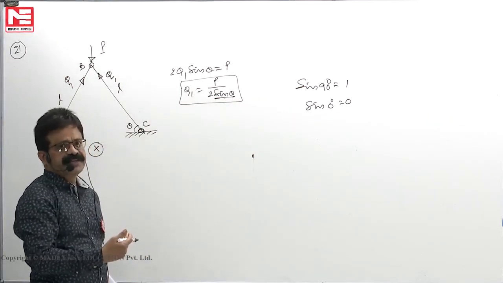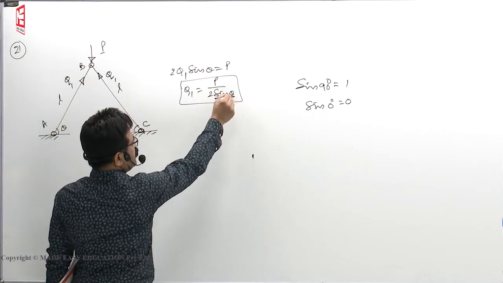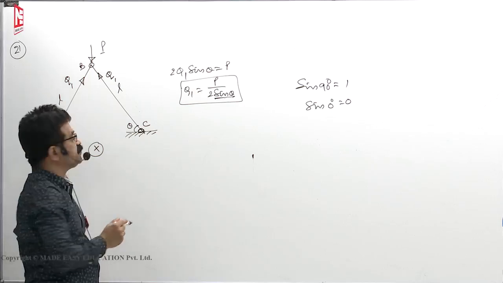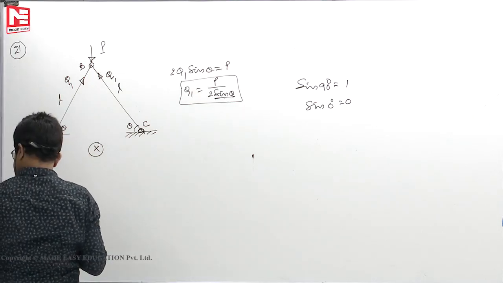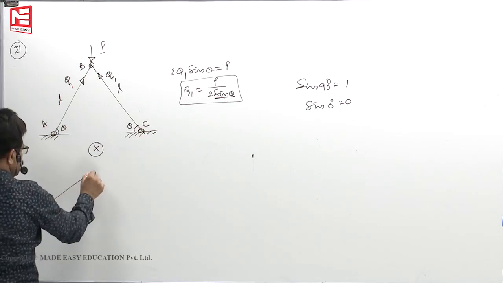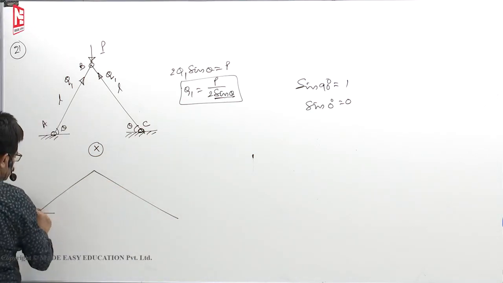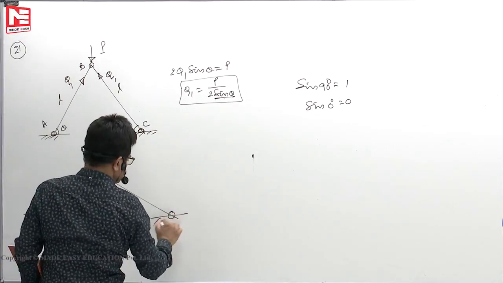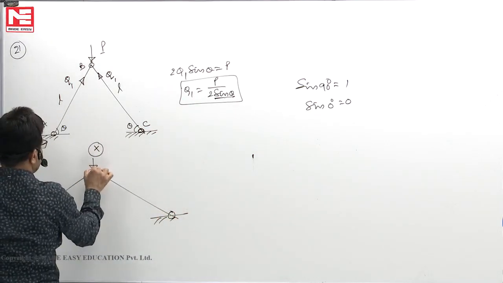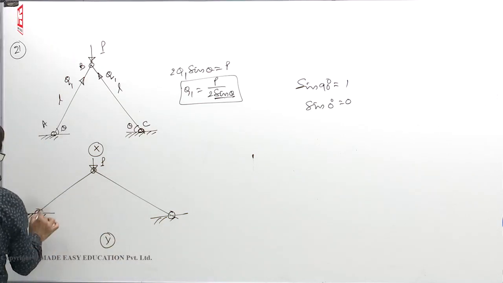That value is in the denominator, so as theta increases, sin theta increases, and Q decreases. For this case, some theta he has given. Now in the second case, theta is reduced. Like this they have kept fixed hinges here, same load P. This is the Y case. This is theta by 2.